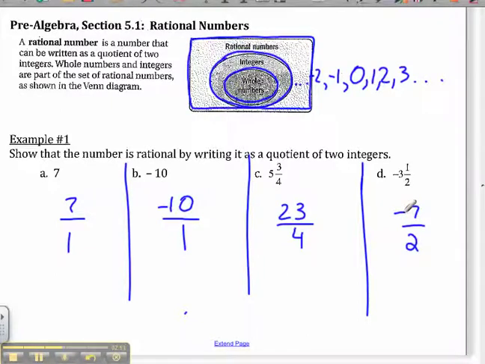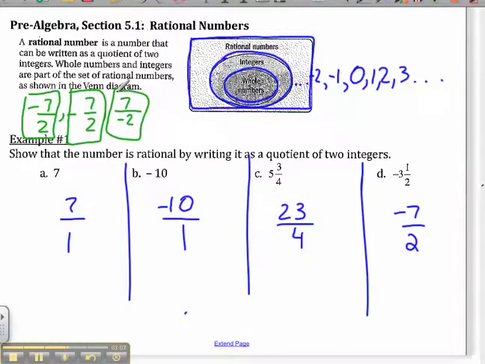Now, someone may have mentioned this earlier. You may be thinking this right now. This could be -7/2. It could be 7/-2. Or it could be -(7/2). All of these three things are equal. The negative can be out front, on top, or on the bottom. We're going to make it our habit to write it on top.